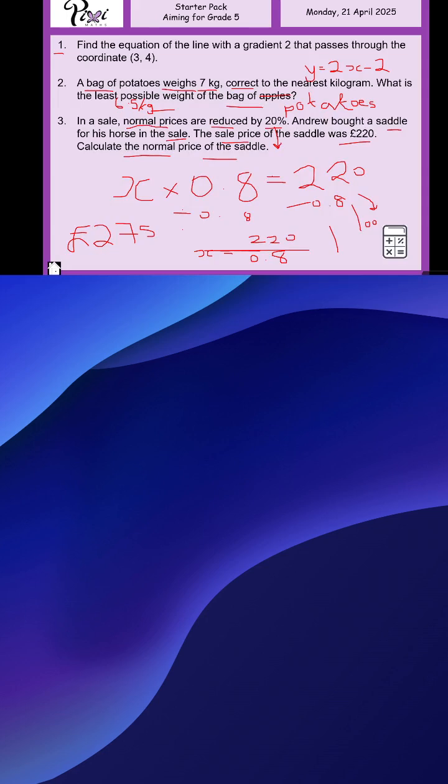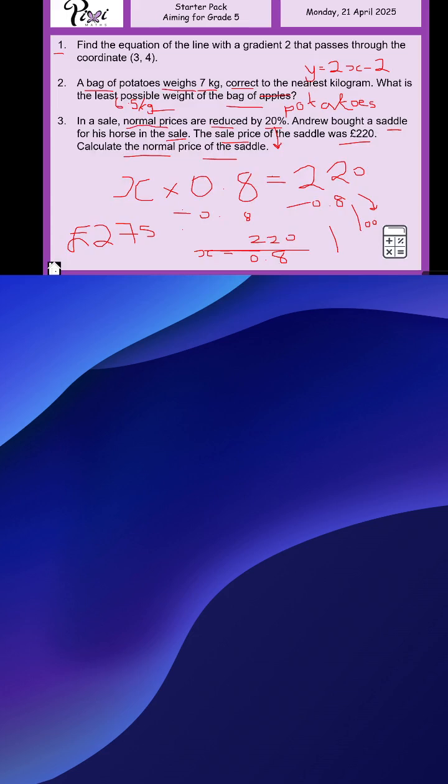No, 1/5 is 45, Reg. Double check. 220 divided by 5 is 45. Yeah, 275.